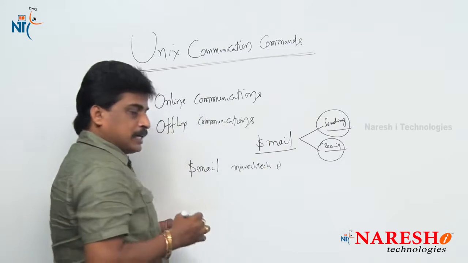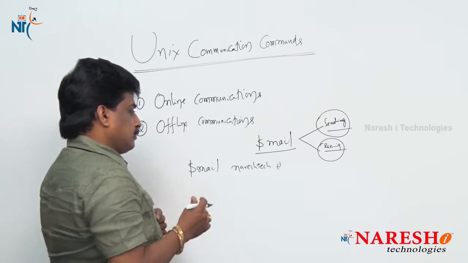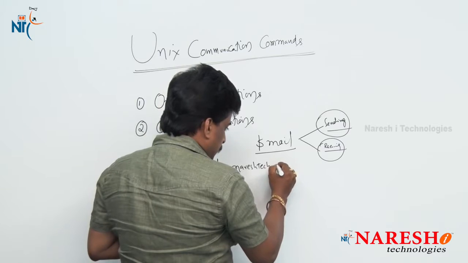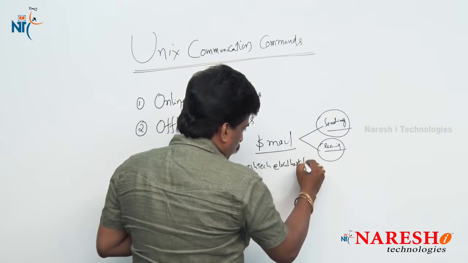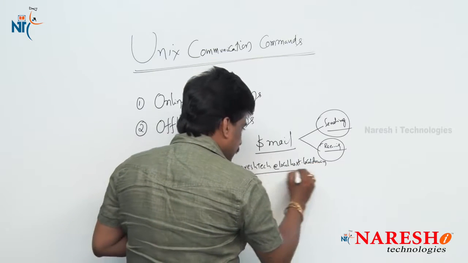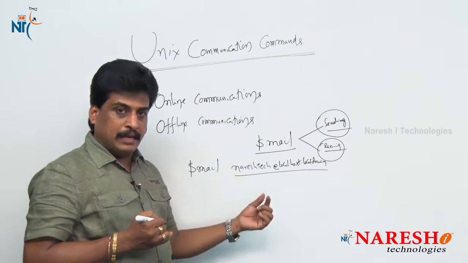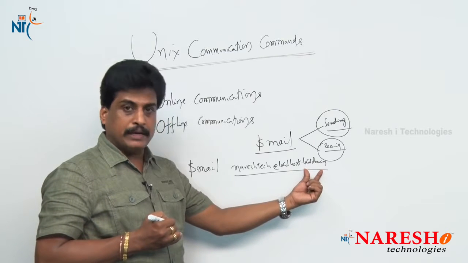Whenever you are sending to that user, you can type the complete name by default, @localhost.local domain. This is the complete mail ID, because I am running the Unix operating system on localhost, that local domain.